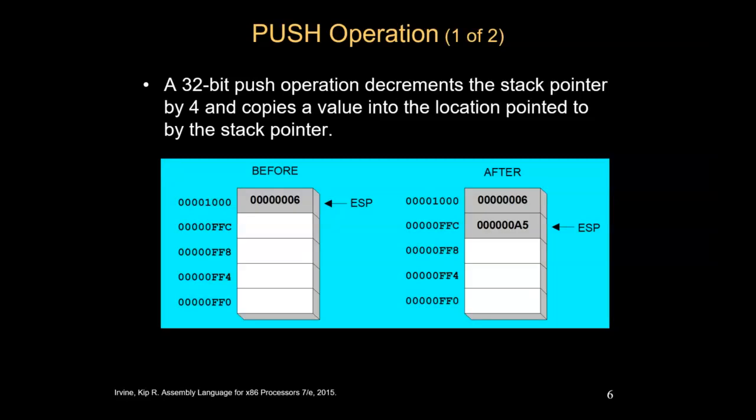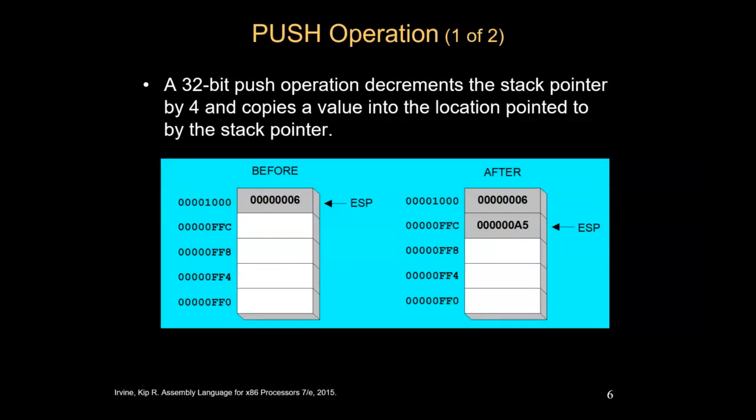So yeah, you can see from this figure, as I was explaining to Mr. Gurji, that initially the offset of the ESP in memory was 00001000, one followed by three zeros, which had a value of 0006 in the stack.